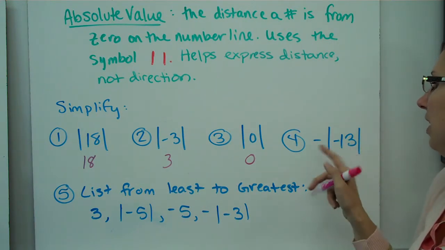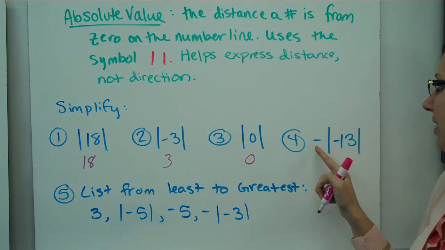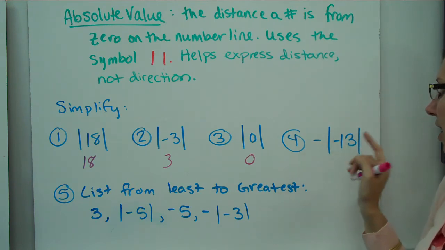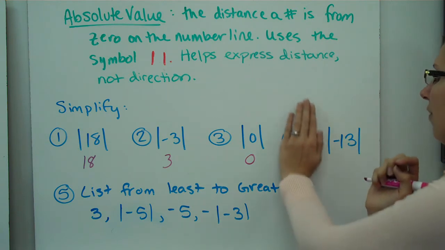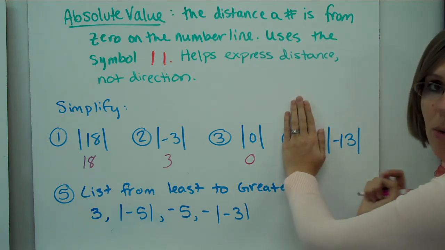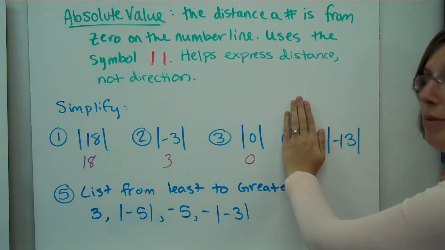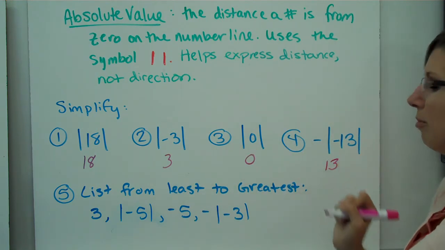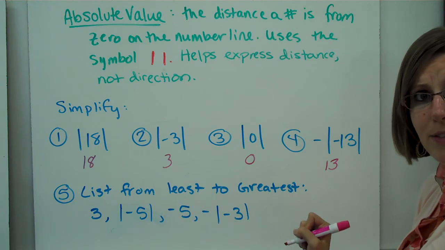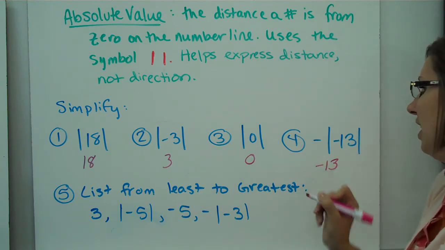And here's the last one. You could read this as the opposite of the absolute value of negative 13. So I'm first going to focus on the absolute value portion of this question. What's the absolute value of negative 13? Well, it's positive 13. But what's the opposite of positive 13? Negative 13.